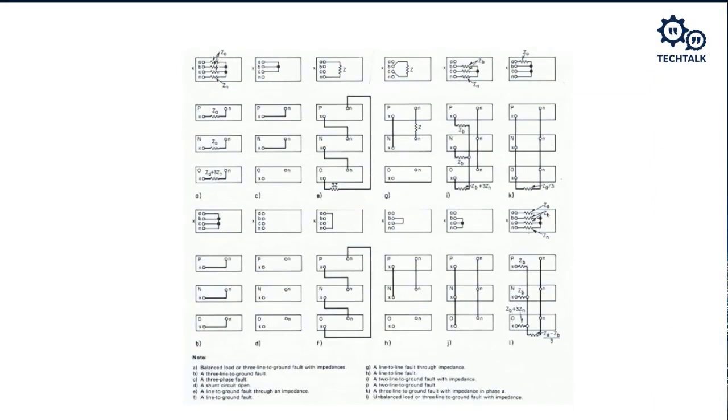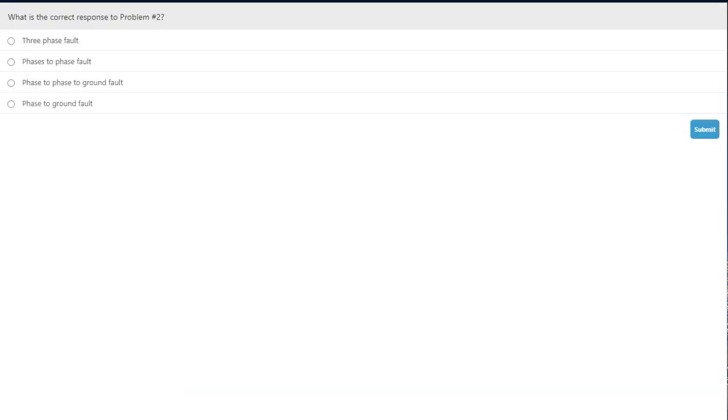You shouldn't need to look at this because we went through this. This is not one we derived, but you ought to remember this one. And so our choices are a three-phase fault, a phase-to-phase fault, a phase-to-phase to ground fault, or a phase-to-ground fault.